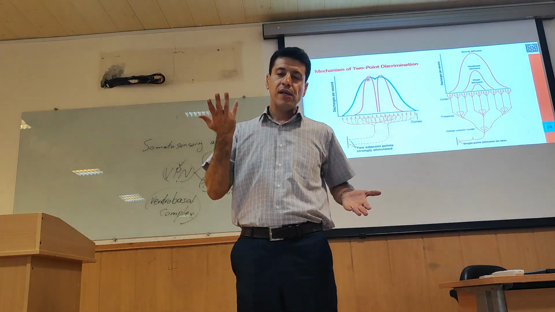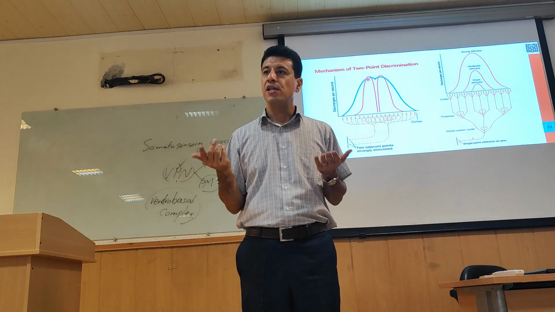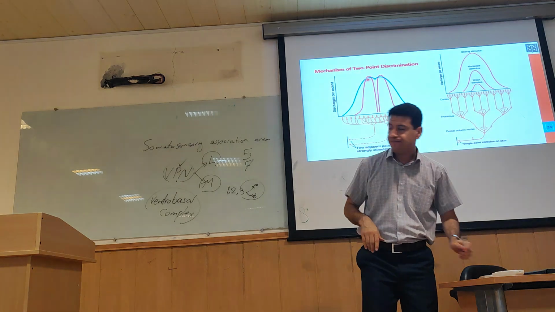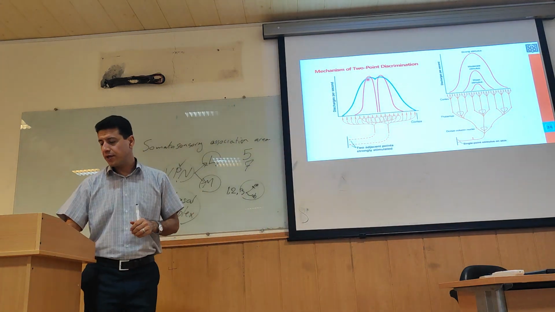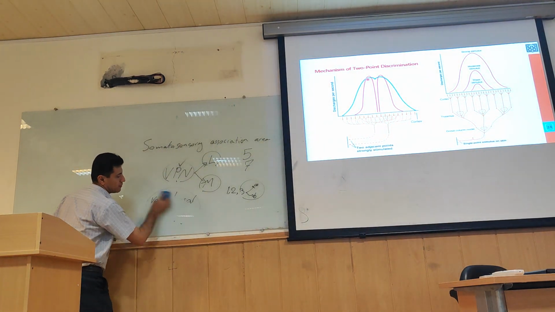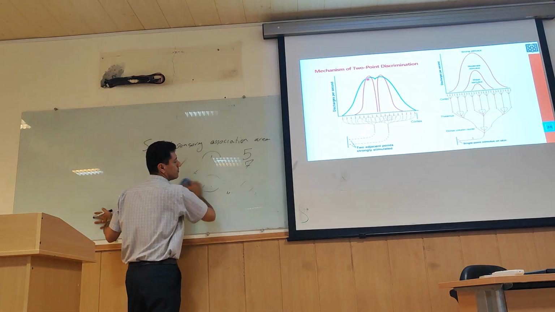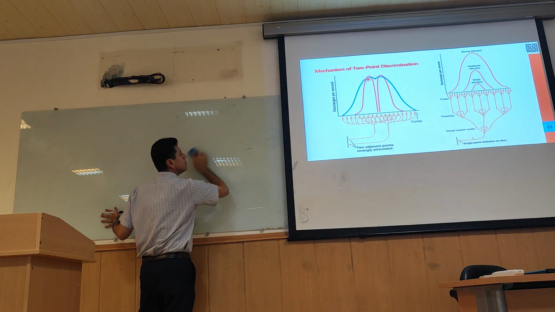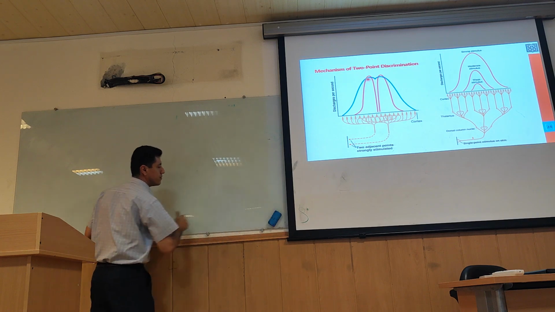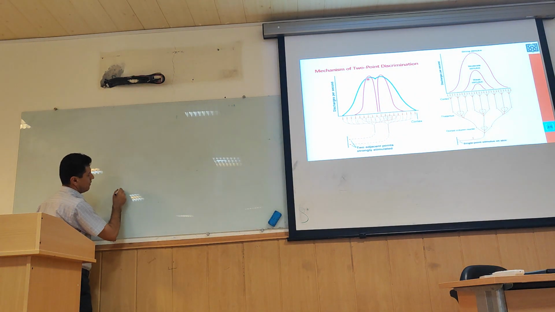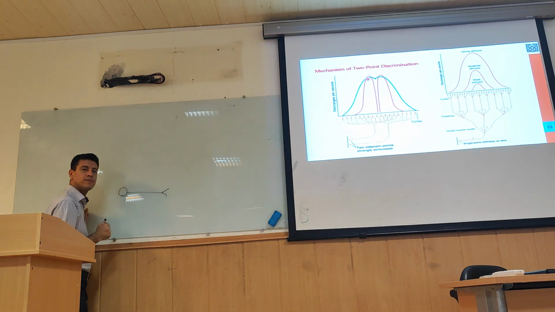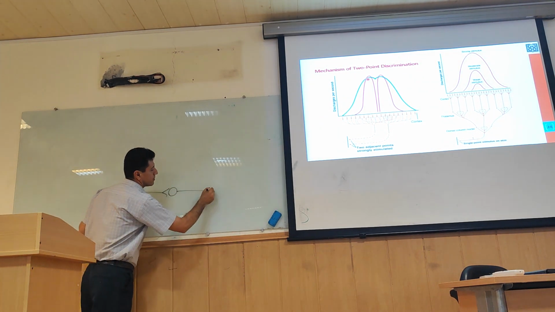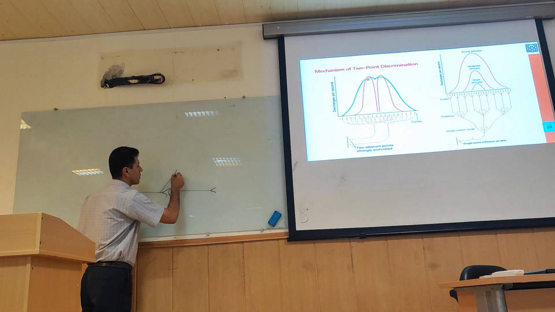Another thing that increases the two-point discrimination is lateral inhibition. So lateral inhibition means inhibition of a neuron by lateral interneurons. So we have an input neuron that activates several output neurons.